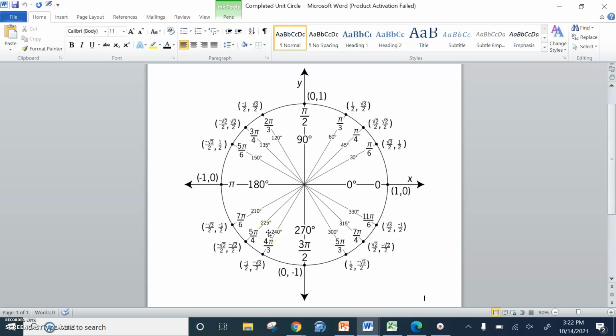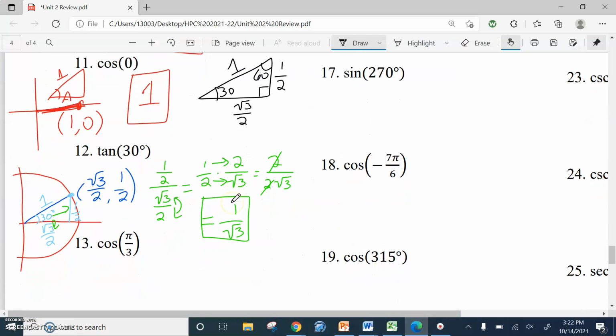So again, I'm 30, 60, 90, and look at my numbers. They're still 1/2 and square root 3 over 2. What happens is I'm in the third quadrant, so my x direction from the origin was negative. My y direction from the origin is negative. So my coordinates just change their signs from positive to negative.